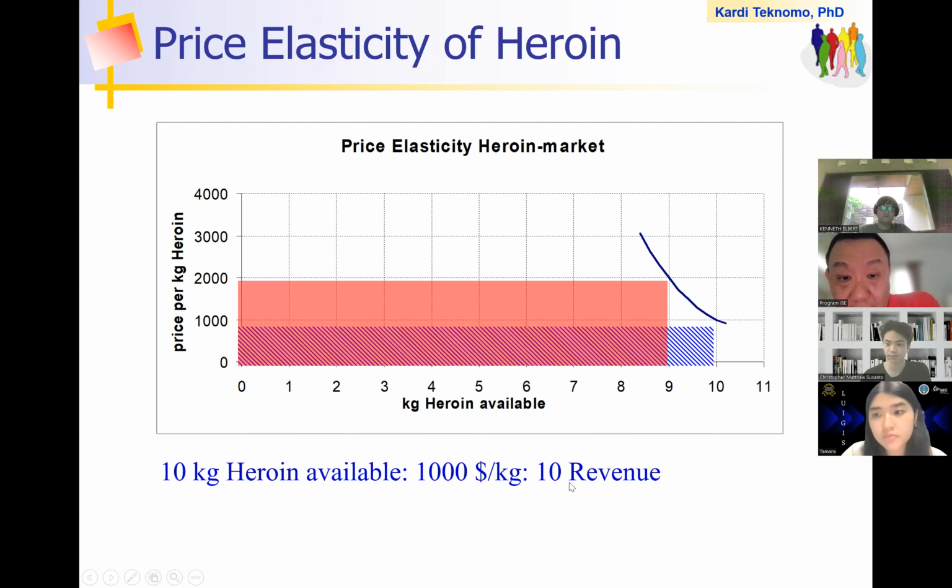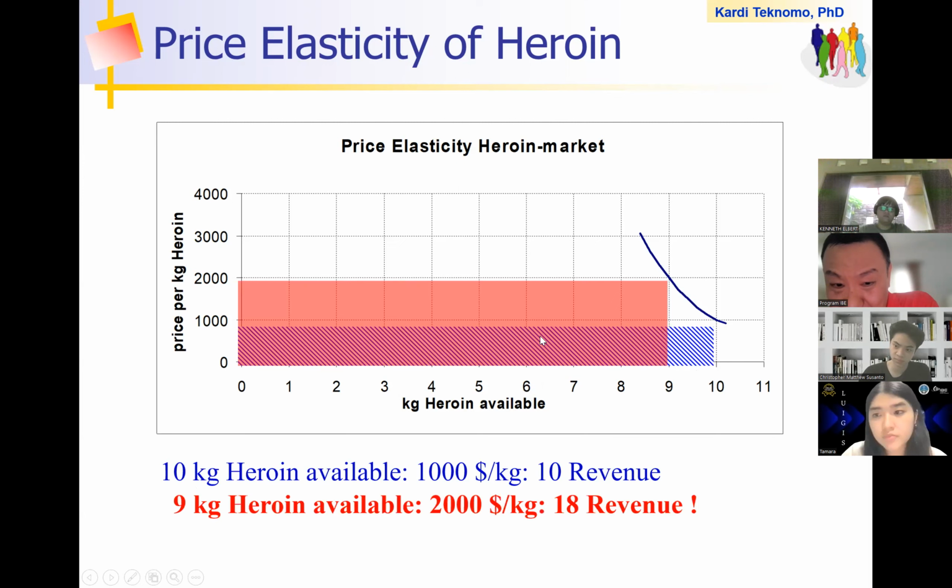So because of police activity, what happened? The kilograms of heroin reduced, right? So the amount of heroin available in the market reduced, so the price per kilogram increases. It becomes 2,000. So 9 kilograms times 2,000, the revenue becomes 18.